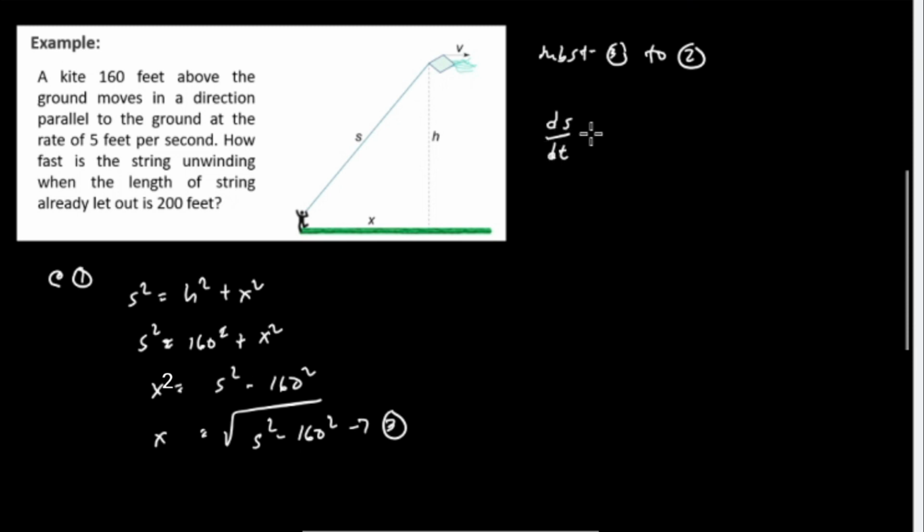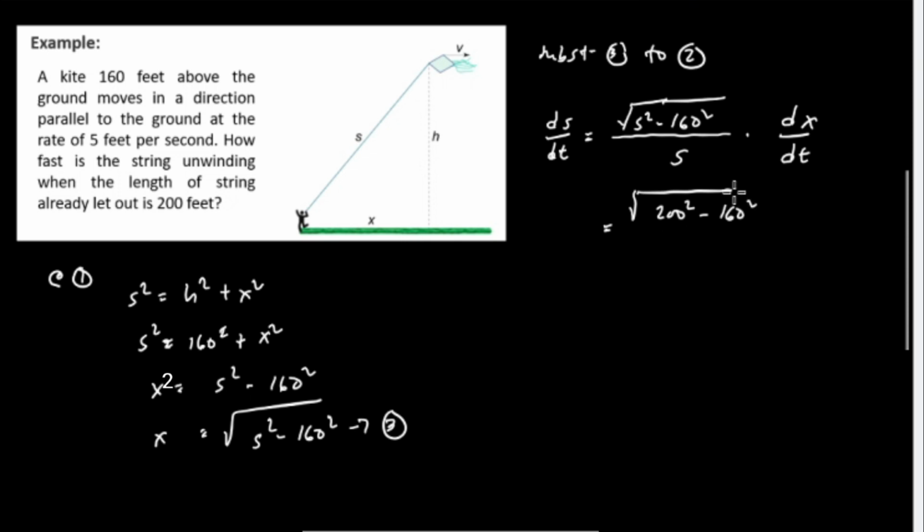We have ds over dt equal to the square root of s squared minus 160 squared, all over s, multiplied by dx over dt, and we substitute the values for s and dx over dt. The length of the string gives 200 squared minus 160 squared, divided by s, which is 200, multiplied by dx over dt, which is 5.